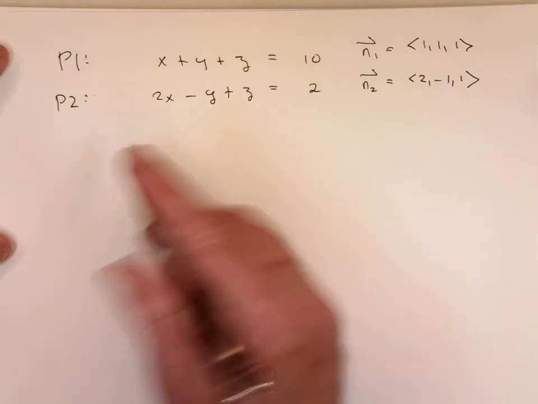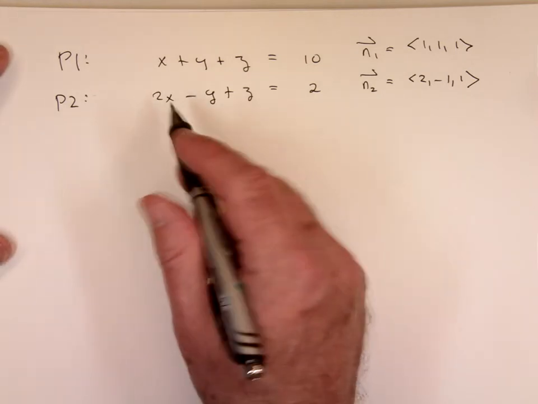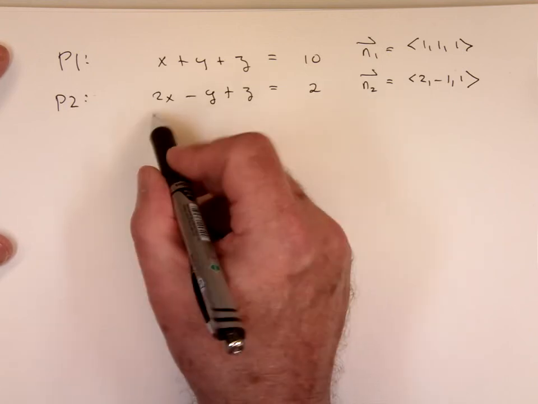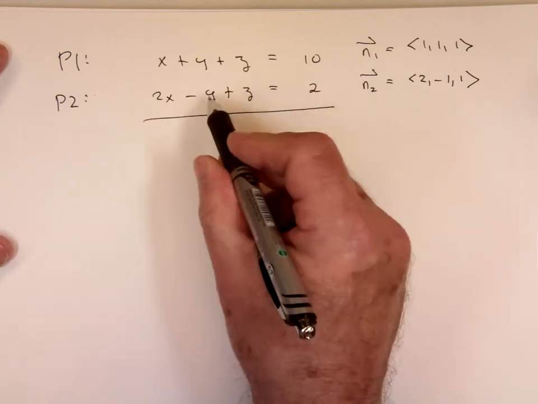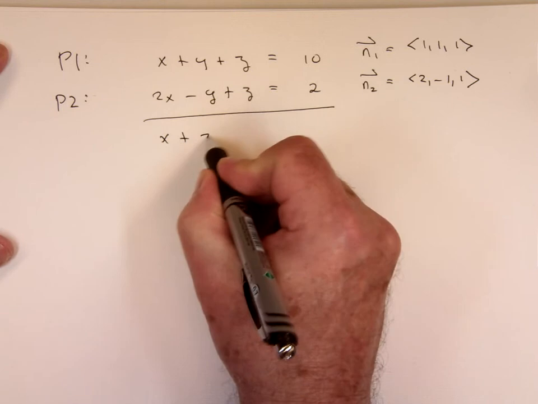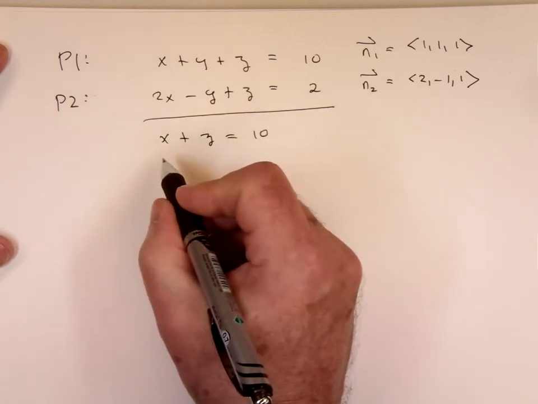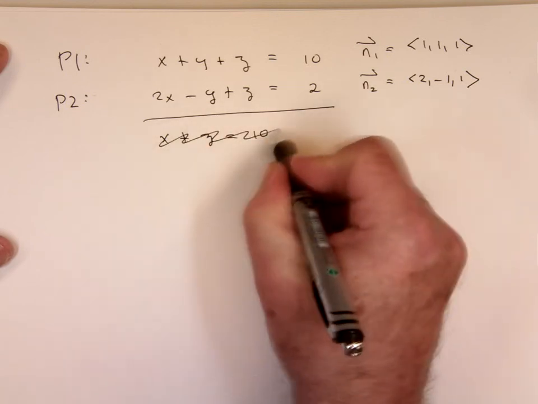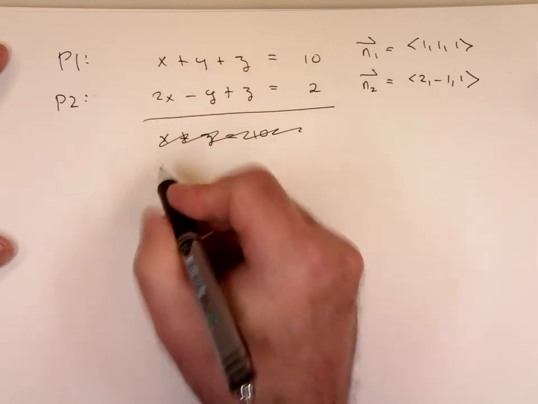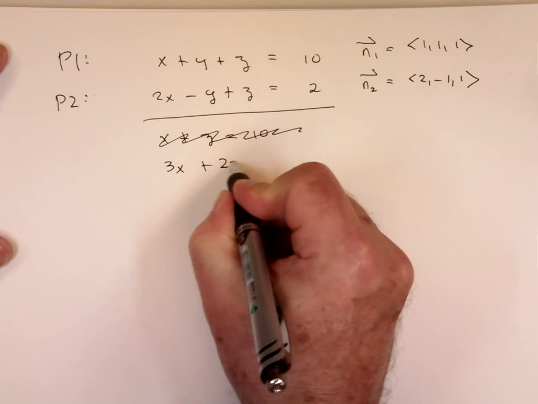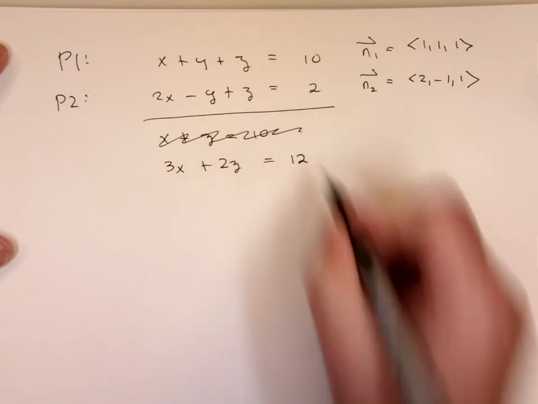Let us add up these two equations and eliminate the y. I'm sorry, I didn't do that right. Add them up to get 3x plus 2z is equal to 12. That eliminates the y's.